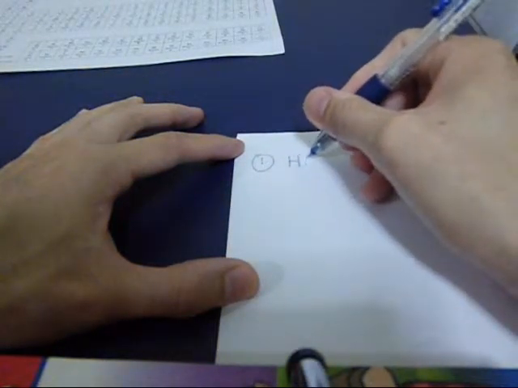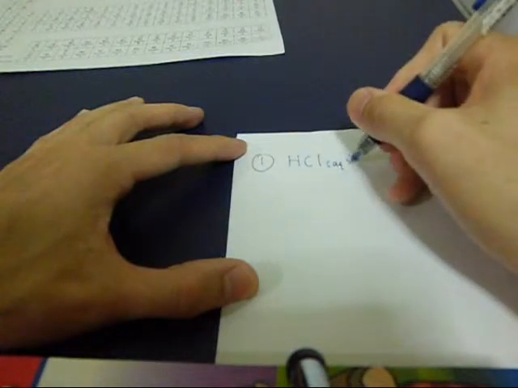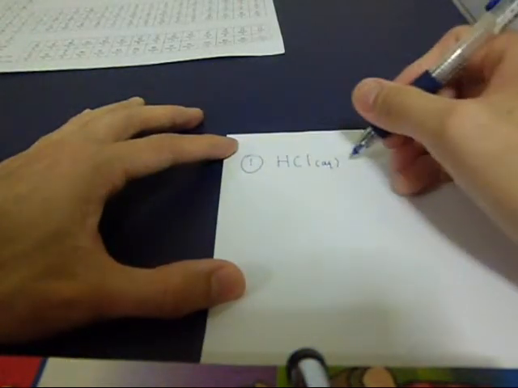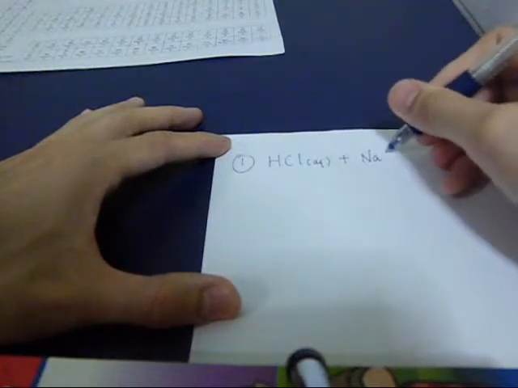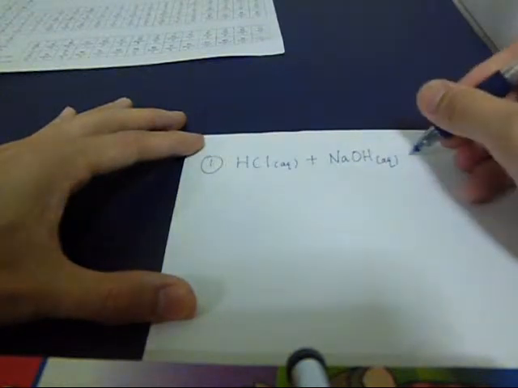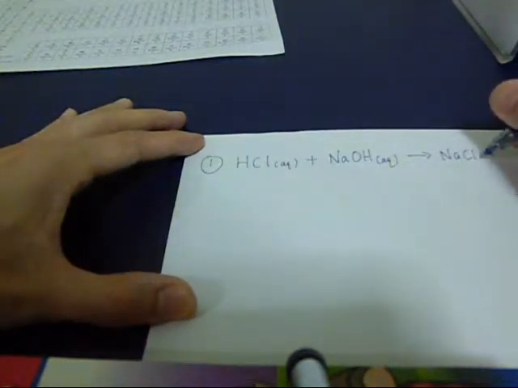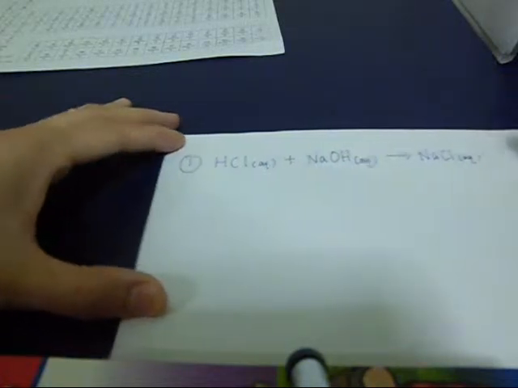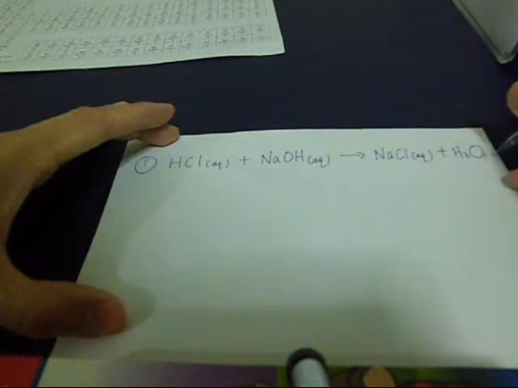Okay, let's start off with an example. This is an equation between HCl, hydrochloric acid, and sodium hydroxide, and then that gives you sodium chloride and water.